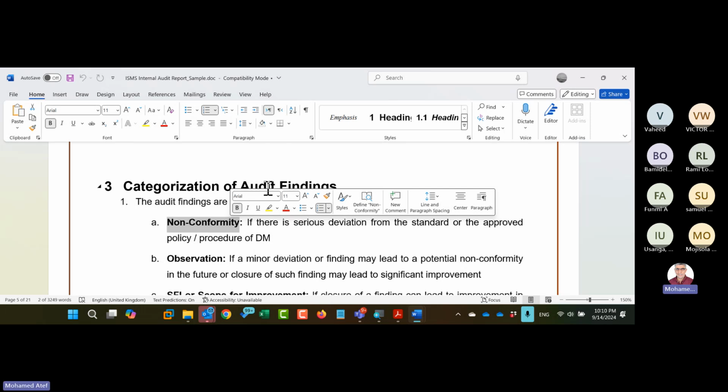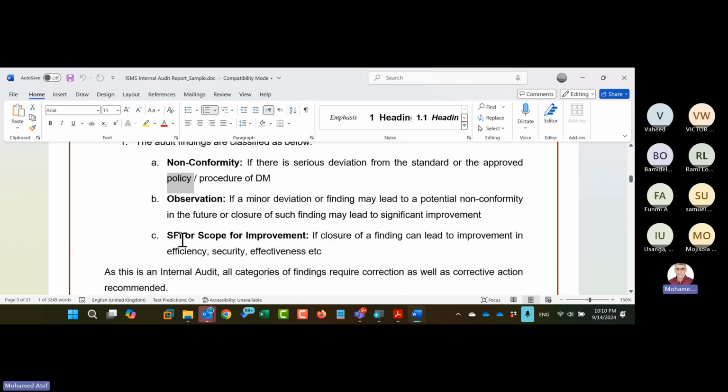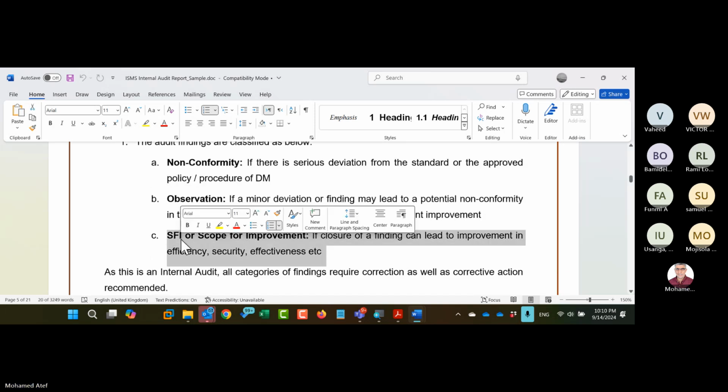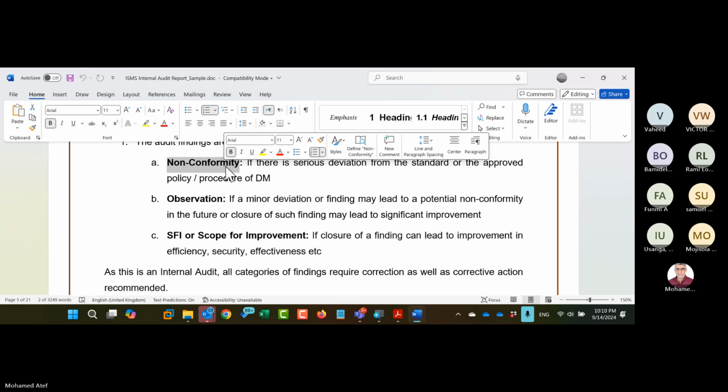If I conduct an audit this year and I find some non-conformity and some observation and some scope of improvement, and then I come next year to conduct the internal audit, because it's an annual process, and I find some of the non-conformity was not closed, in this year's report I should not write it as a non-conformity. I should write it as a major non-conformity.